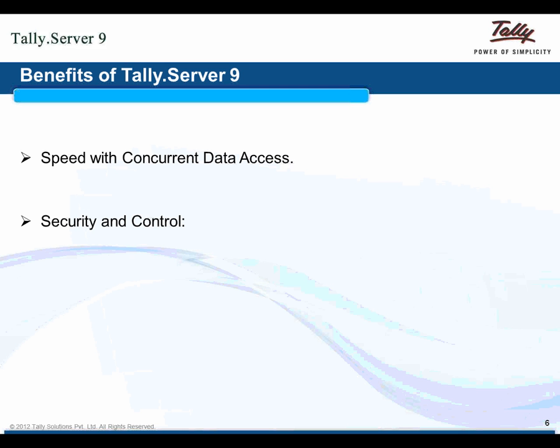It's a beautiful tool developed by Windows. Currently, Tally is using the same. From Server 9 onwards, as Tally has come up with a new tool called Data Engine, you need not share any application, any file, any folder with regard to Tally.